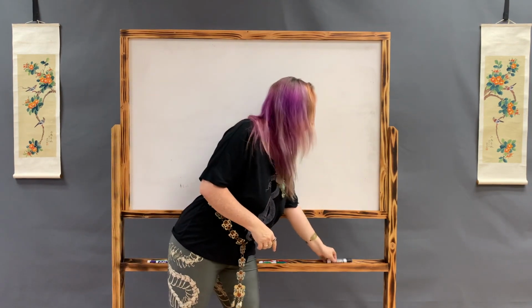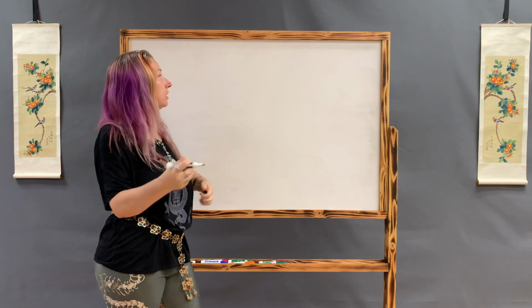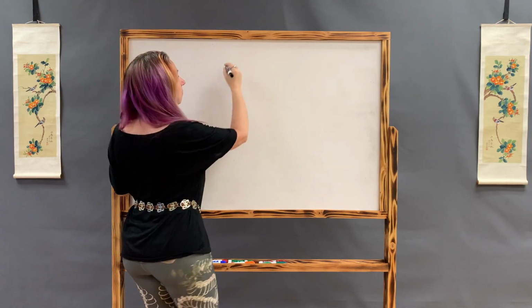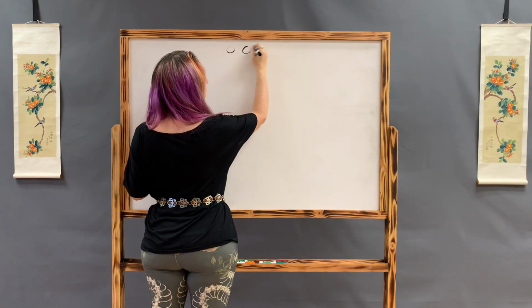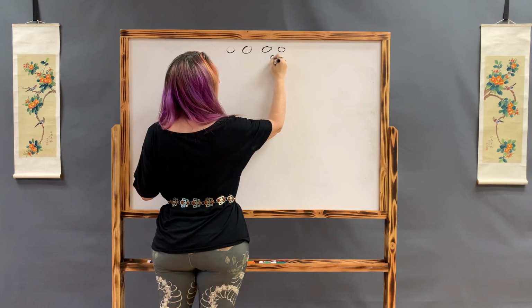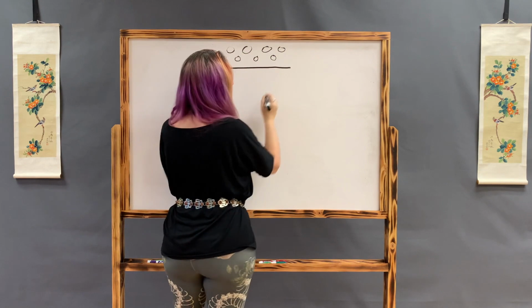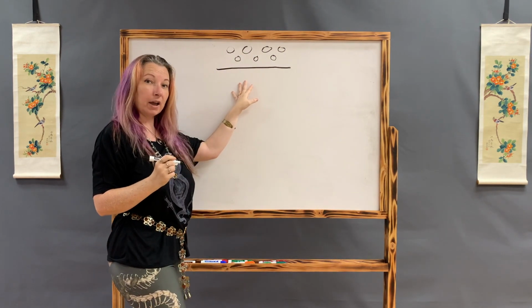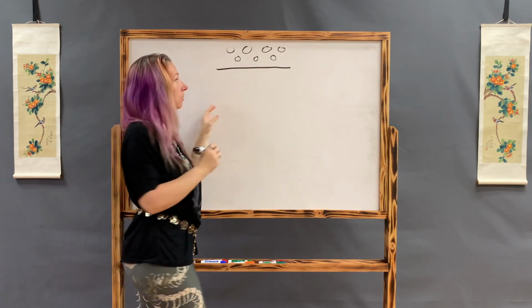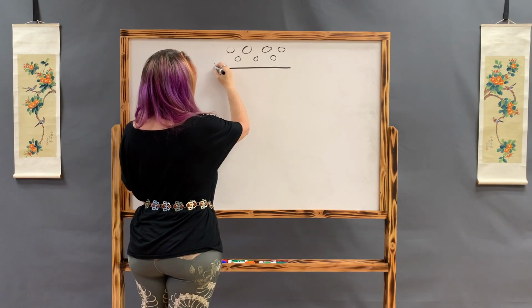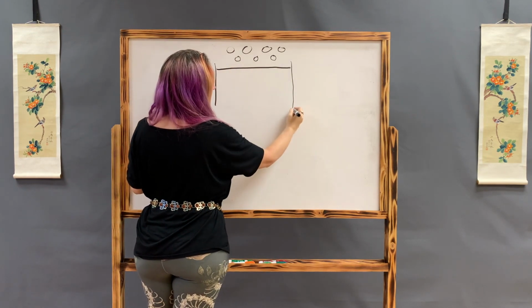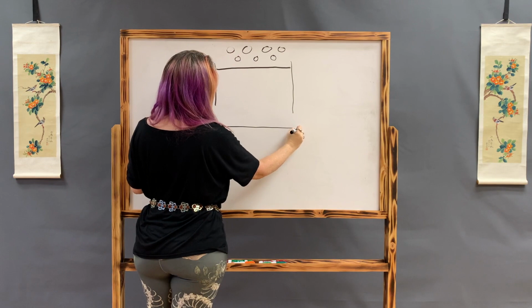Let's get started. If I am dancing and whoever is watching is up here, and this is the front of my presentation area, then this is the front, this is the side, and this would be the back.